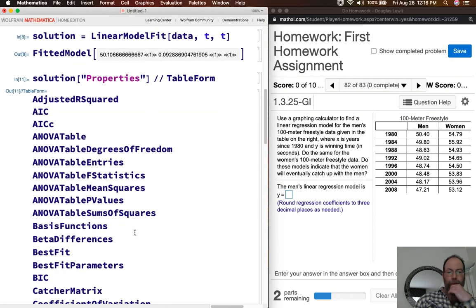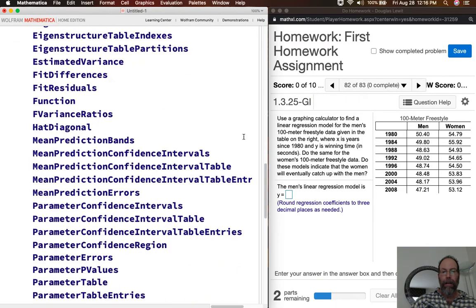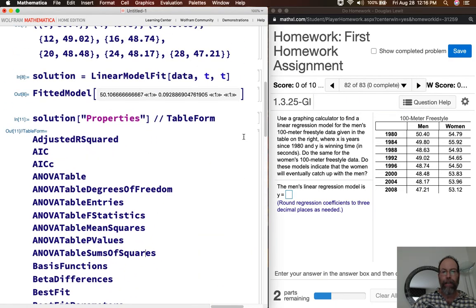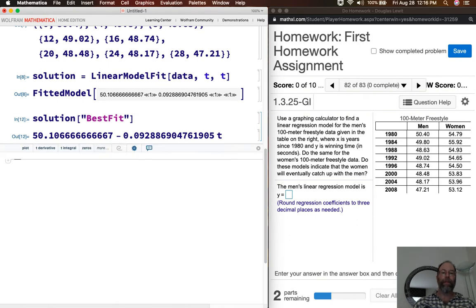Okay, this is what I want right here, the best fit. We can actually get rid of this. I don't need to see all of this right now. So solution, best fit. There we go.